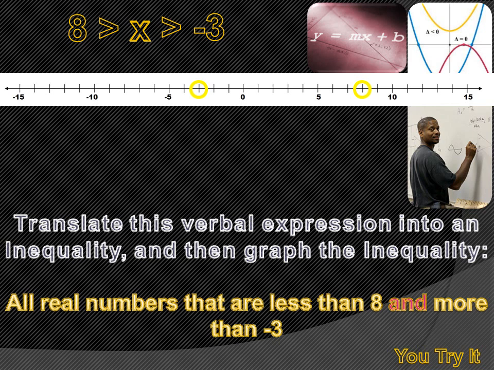Now I need to put a circle around 8, and again I don't fill it in. And my x values are any values between those two extremes. So I'm going to draw a line between minus 3 and 8. And that is the graph for the compound inequality 8 is greater than x, which is greater than minus 3.